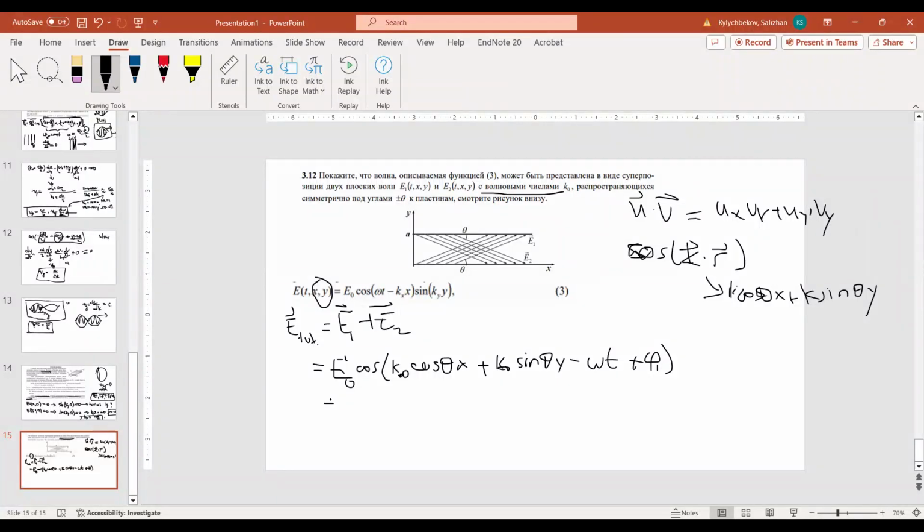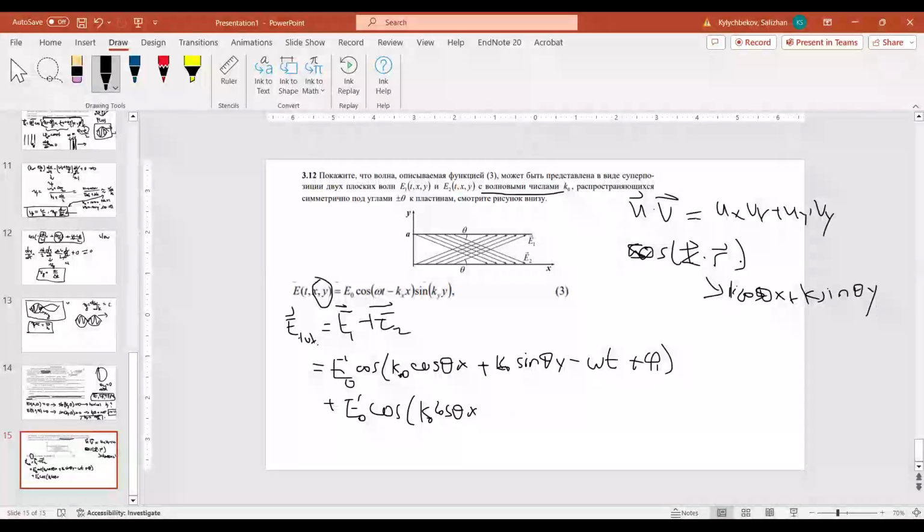Plus, in the superposition, the second is E0 prime, the same amplitude wave. Cosine of k0 cosine theta x, the same in terms of x.